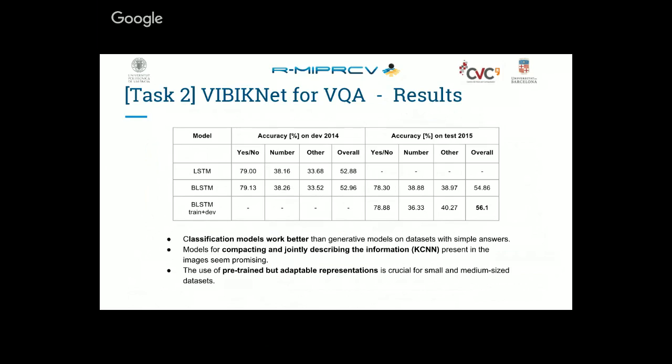More data helps for improving the result. So to sum up, we could say that for data sets like this, which have short answers, classification models work better than generative. Then also using methods like kernelized CNN information that describe different parts of the image is also pretty useful.